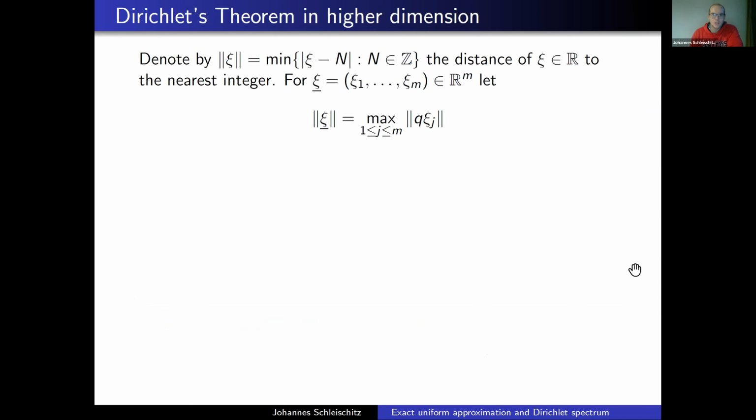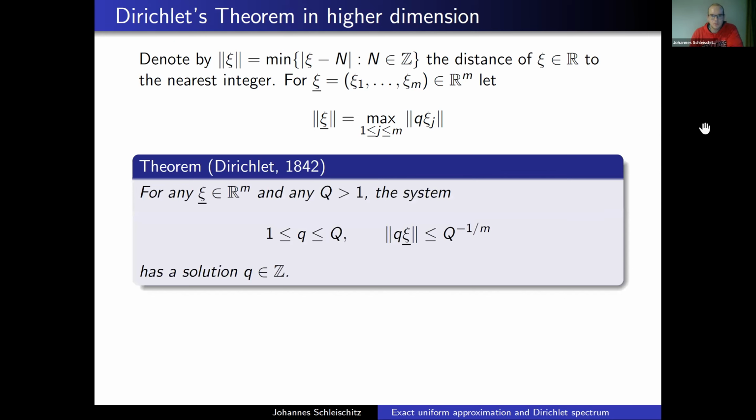In higher dimension, just to set some notation, this double bar means the distance to the nearest integer for a real number, and for a vector I also use the same notation for simplicity, so the maximum of the distances of any coordinate from an integer. So it's like taking simultaneous approximation with respect to the maximum norm.